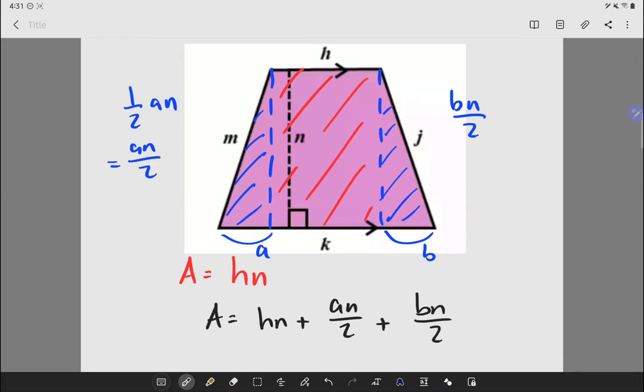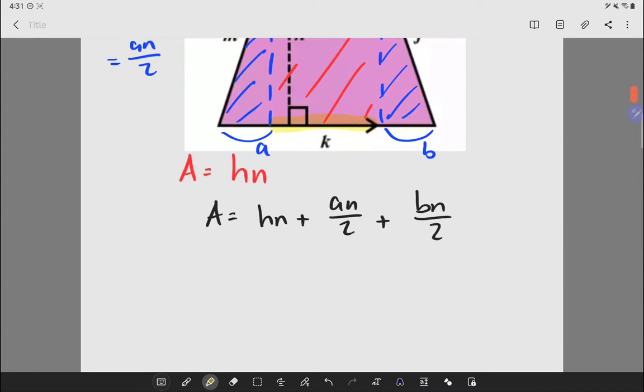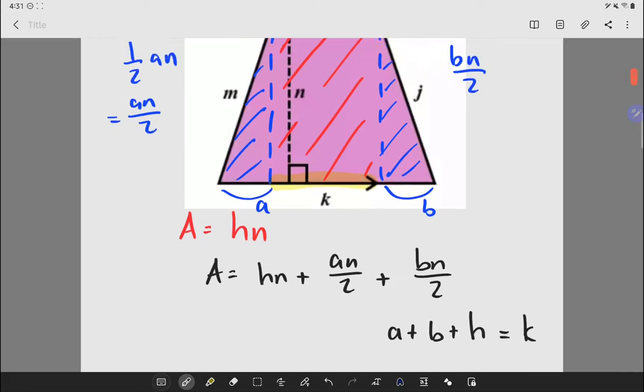Now, here's a little thing. This length here is actually the same as h, right? That bit there. So we can say something like this. On the side here, a plus b plus h is going to be k, right?